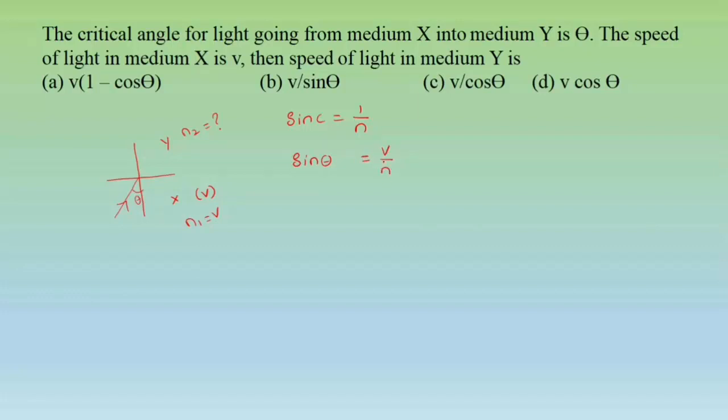Here V is the speed of light in X medium, and n is the speed in the Y medium, because refractive index in general measures the speed of light. So we can write n equal to V divided by sin theta. So the speed of light in the Y medium is V by sin theta, so option B is right.